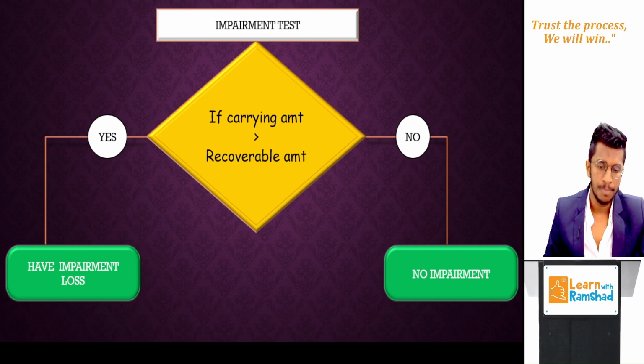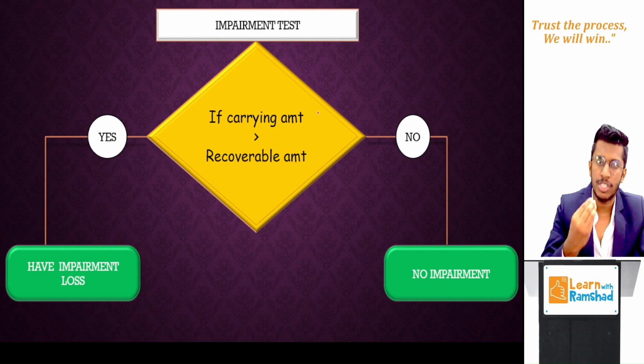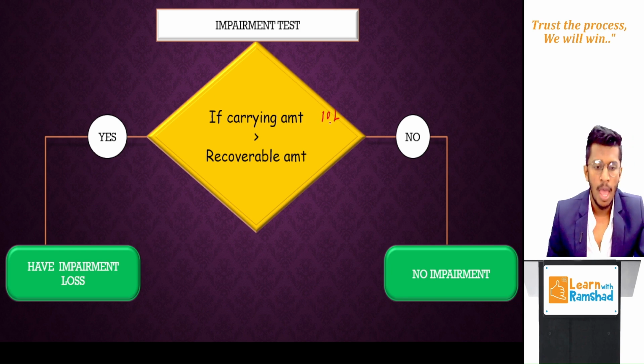Remember, you have an asset, a PPE, or let's say a machinery or a building. Its carrying amount simply means current book value, which is 10 lakh, just assume.